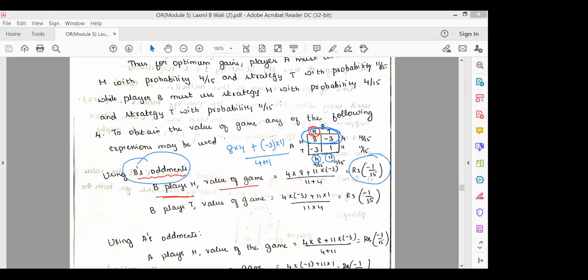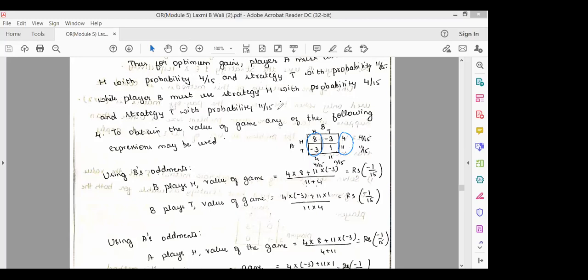You will get the same value of the game if you consider the second oddments, that is when B plays D. Once again, we multiply this with this value. Initially in the first step, these values are multiplied by this one: 8 into 4 minus 3 into 11, divided by 11 plus 4.